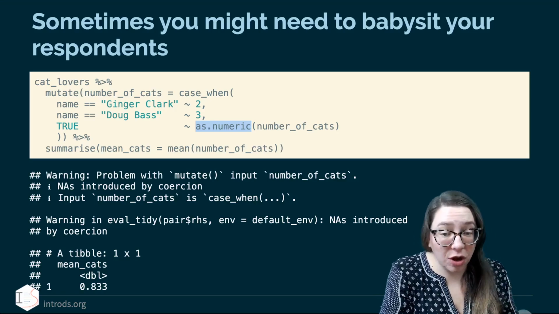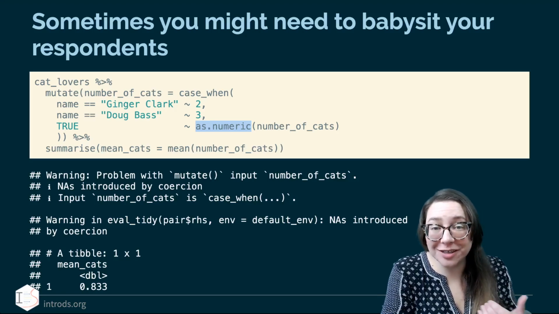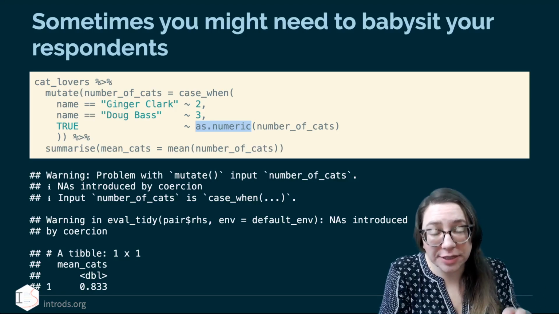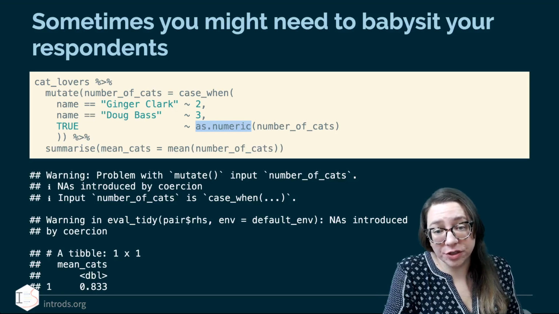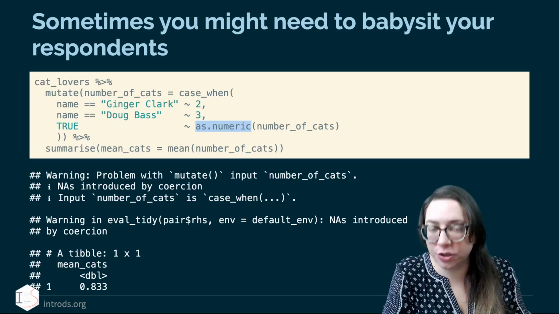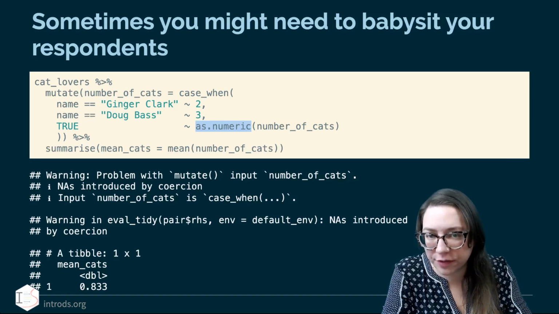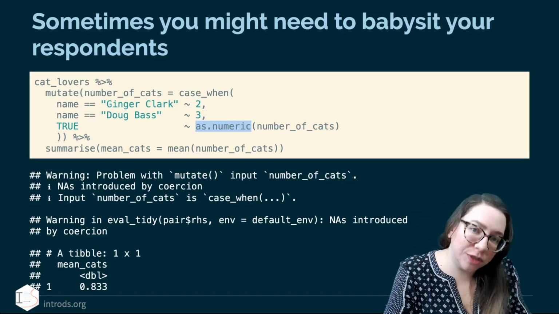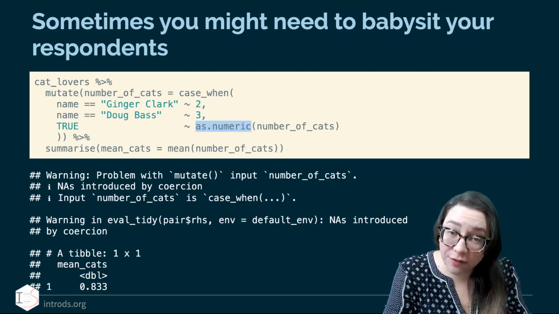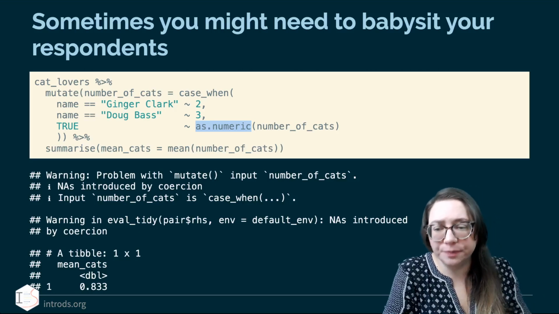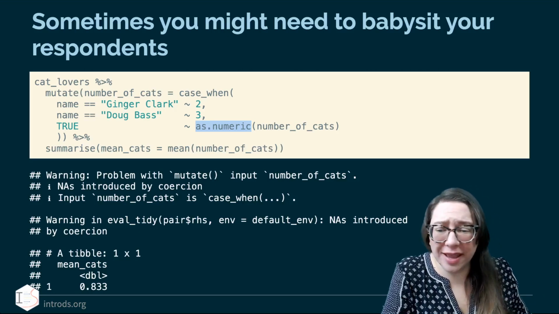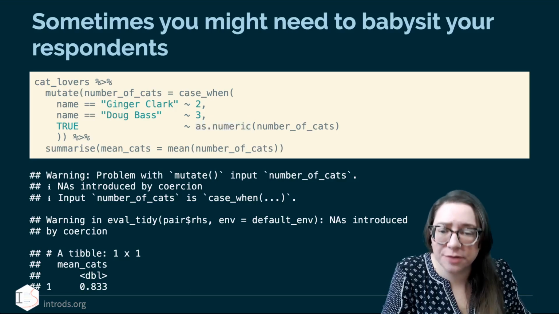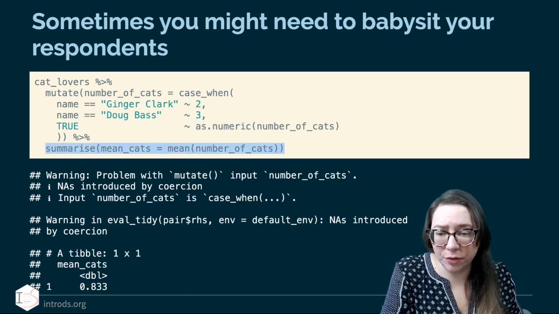Upon reading it into R, because of Ginger's and Doug's responses that were character strings, they were all converted to character strings. So now we're telling R, undo what you did. I'm now giving you numbers for these 2 people who didn't follow instructions. The rest of the people who did follow instructions, let's convert their answers to numeric data. And once we do that, we can again run our same summarize statement to calculate the mean number of cats.